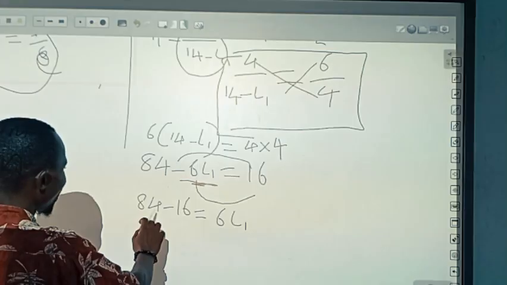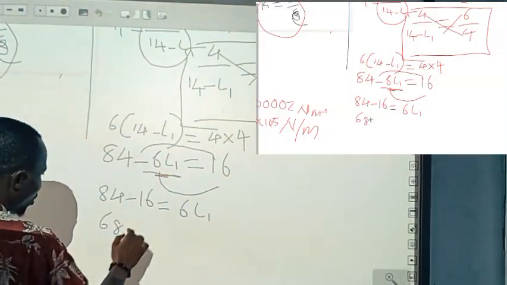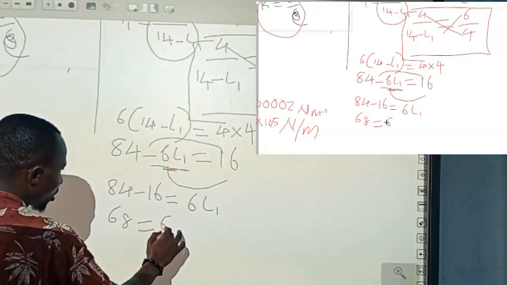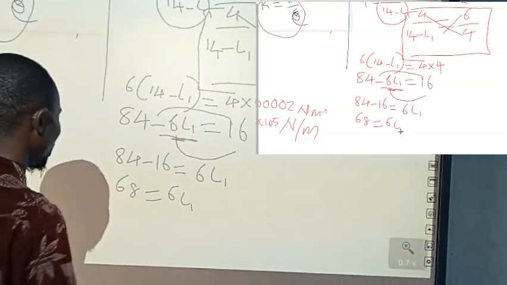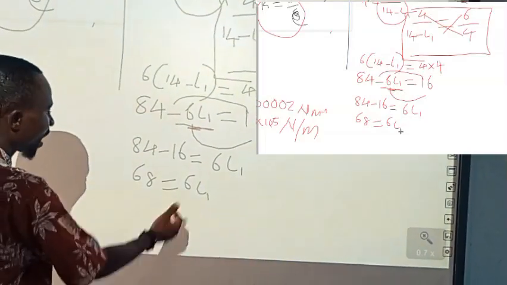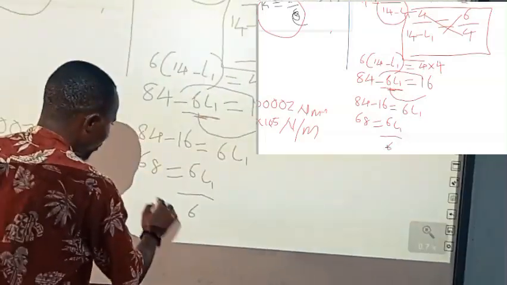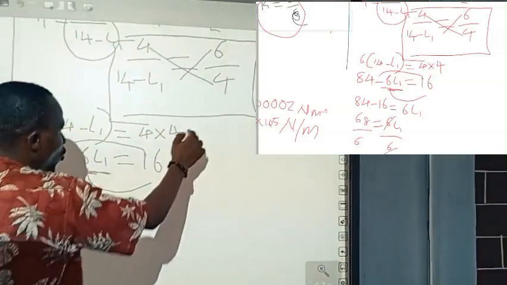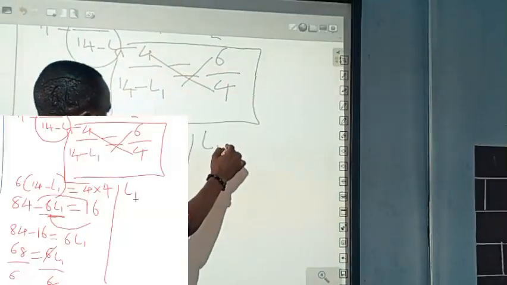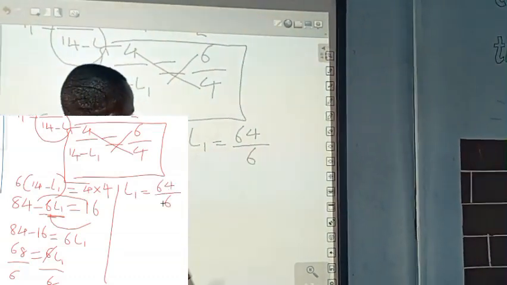Okay, so if I subtract 84 minus 16, I have 68 equal to 6L1. All right, so the next thing is I am going to divide both sides by the coefficient of L1, which is 6. 6 will cancel 6, so I have my L1 is equal to 68 over 6.